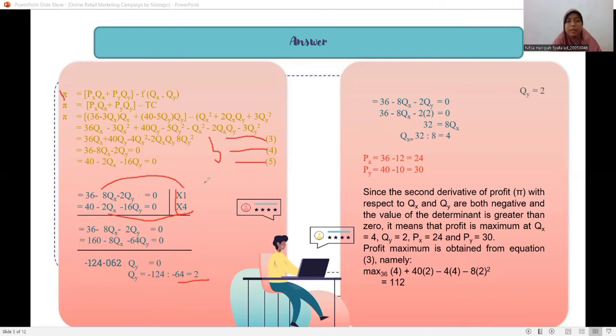I repeat. We make the substitution to get Qy. The result we get is Qy equals 2. Then we insert it to find Qx, from equation 4.